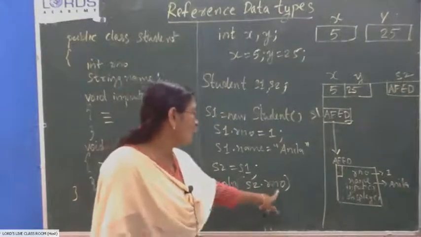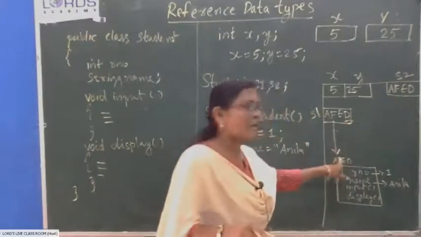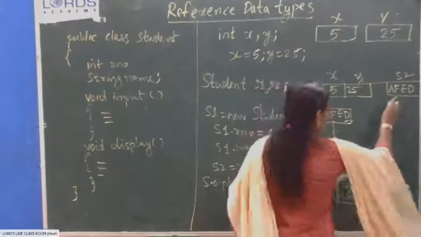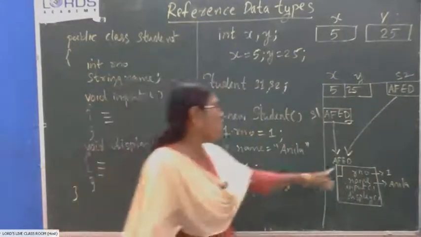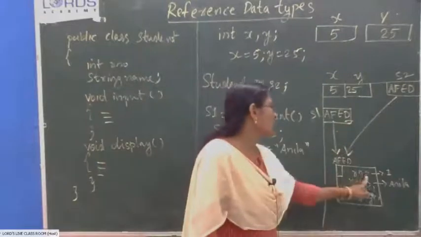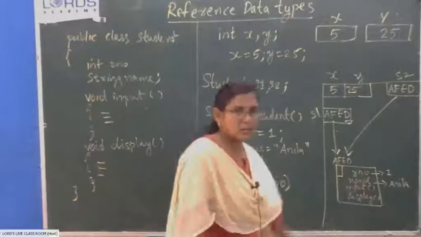S2 dot R number means what? This variable is also pointing to the same object in the memory. So S2 dot R number, what will be printed? 1 will be displayed on the screen.